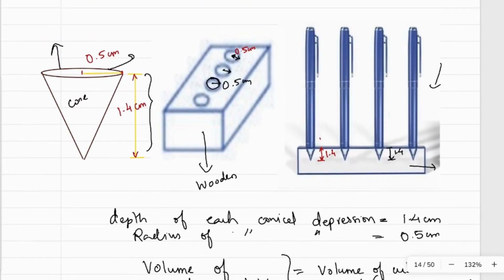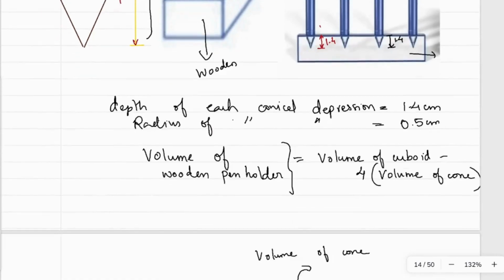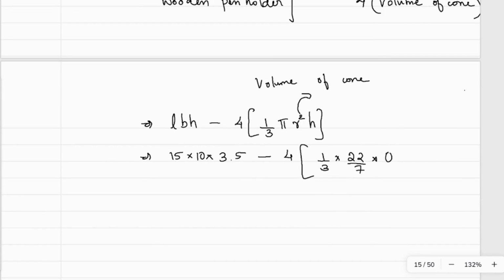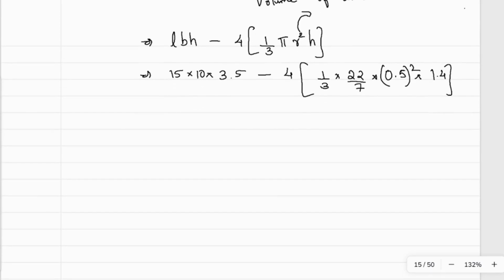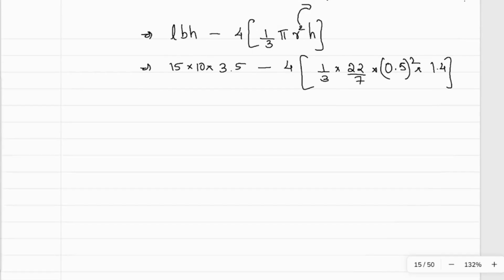What's the radius given here? In the cone you can see that the radius is equal to 0.5 centimeter. So you have to substitute that value here, 0.5 the whole square, into h. What's the h given? H equal to 1.4. Okay, so till here it is clear, right?